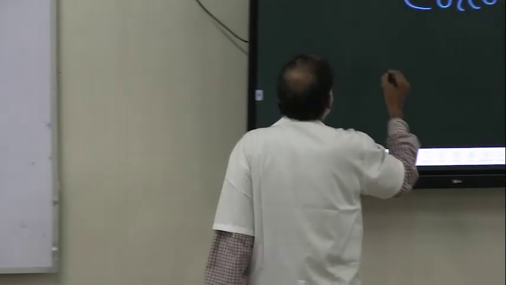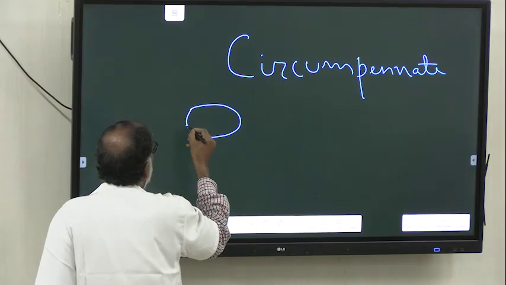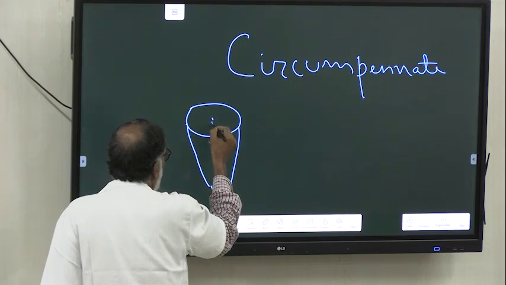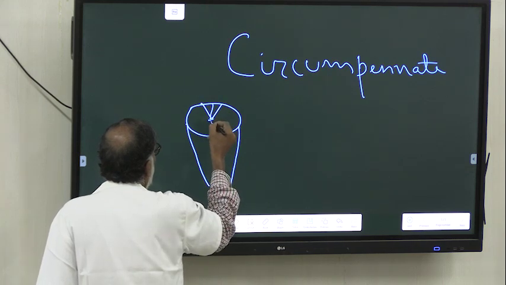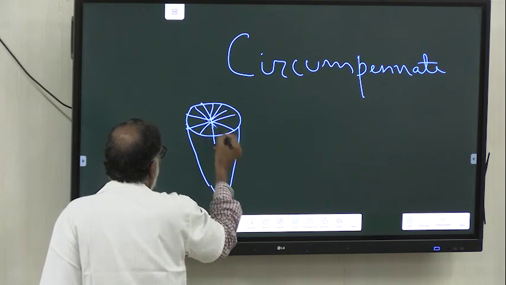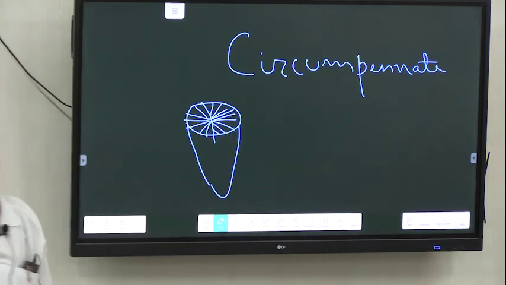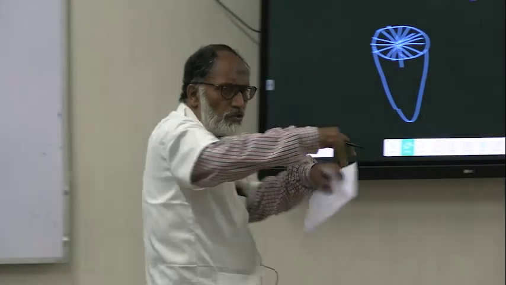Here you see there is a central tendon and muscle like this. What is the name of this muscle? Circumpennate muscle. There is a central tendon and all around there is a fiber of muscle, that is circumpennate.